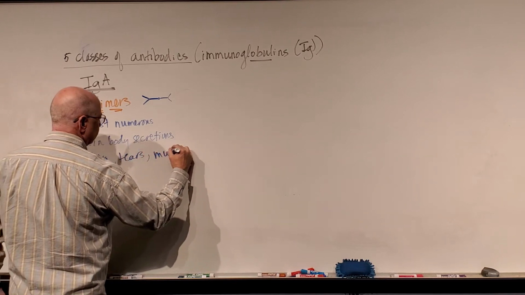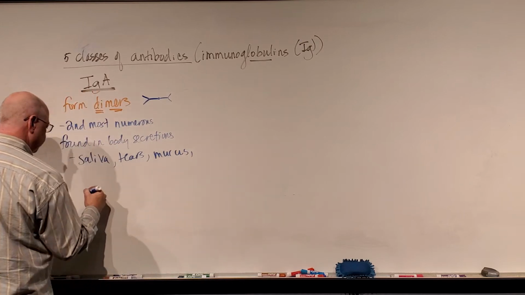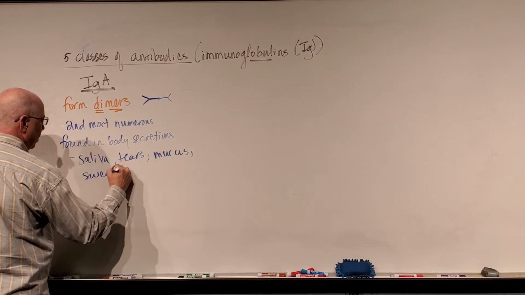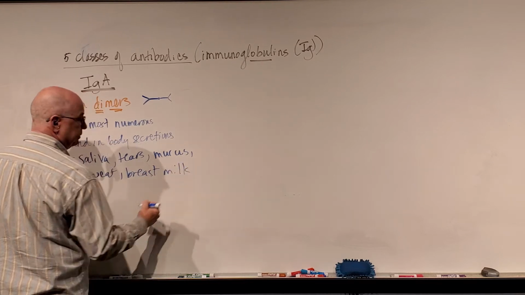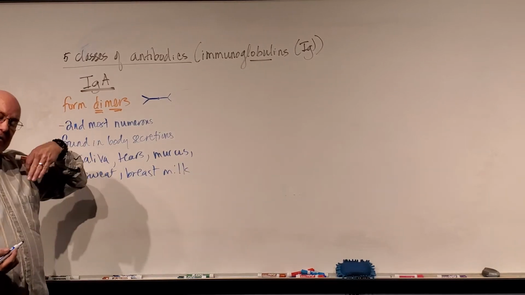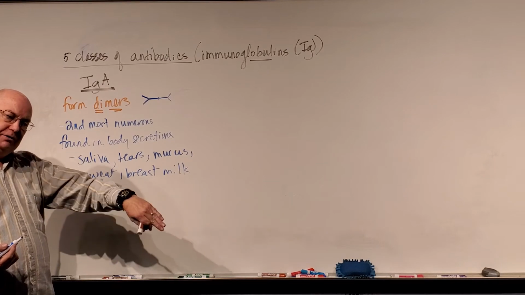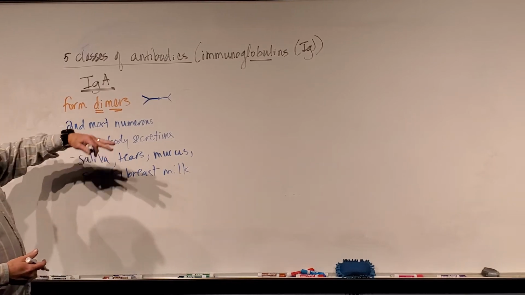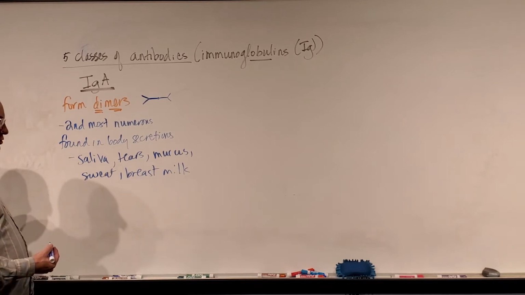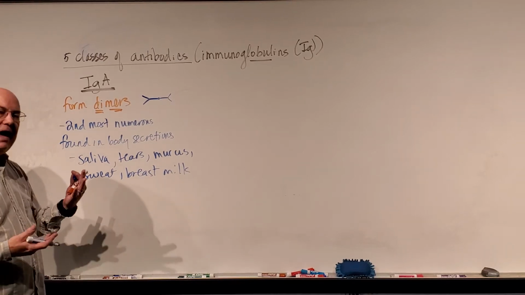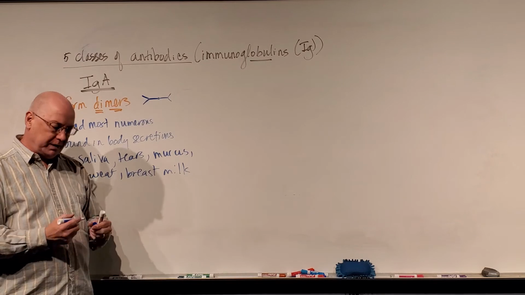Tears, mucus, sweat, breast milk. IgA can be passed from mom to the baby through breastfeeding and therefore provide some immunity against specific pathogens. So we call that passive acquired immunity.